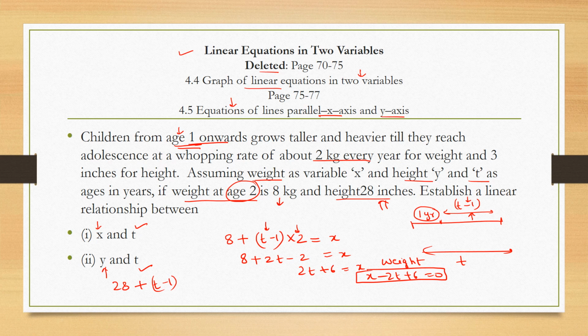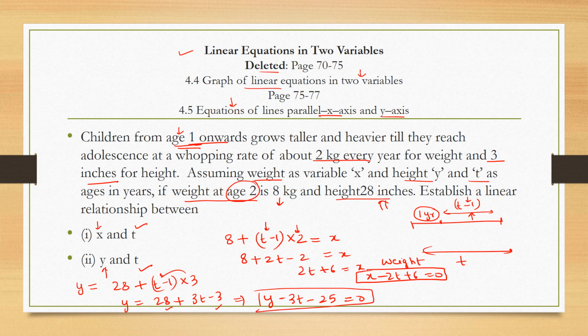The rate of change of height is 3 inches every year, so it should be multiplied by 3, and that will be the total height. So the second answer would be 28 plus 3t minus 3 ones are 3. And it will become y minus 3t equals 25, if you take away 3 from 28, 25, and take it to the left hand side. This is your second equation.